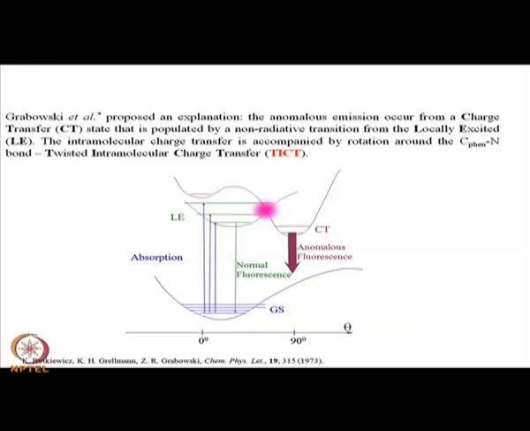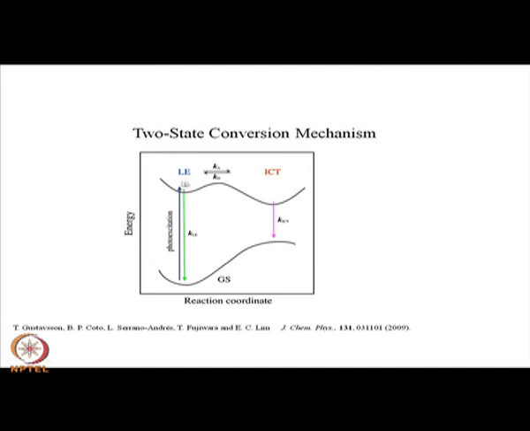Okay. Basically, as shown over here, this process is non-radiative. It does not require any involvement of a photon. So, it is a non-radiative transfer of electron from this state to this state.